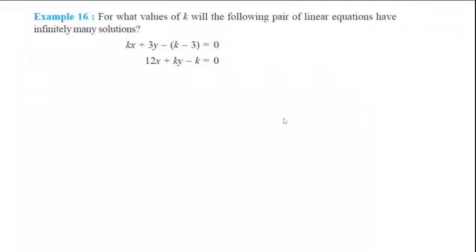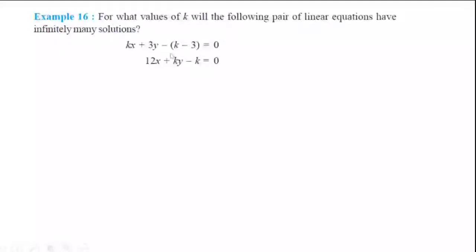Let us take up another example of the same sort. For what values of k will the following pair of linear equations have infinitely many solutions? Now, if you can remember, the condition for infinitely many solutions, meaning when the lines are coinciding, is that a1 upon a2 should be equal to b1 upon b2, which should also be equal to c1 upon c2.